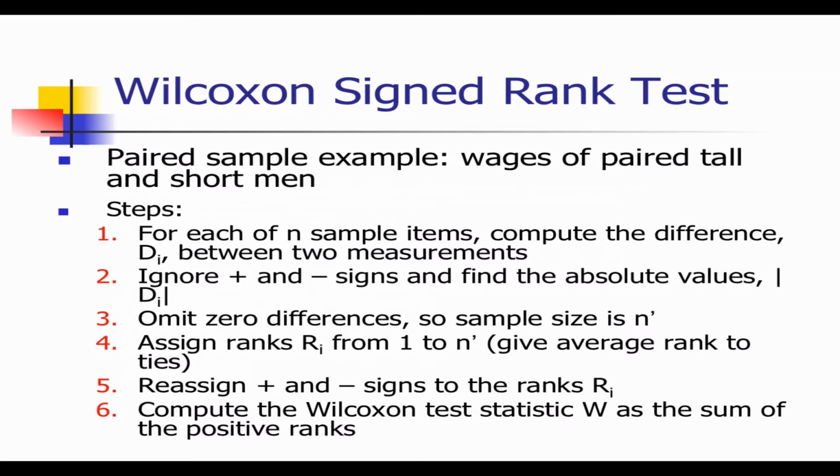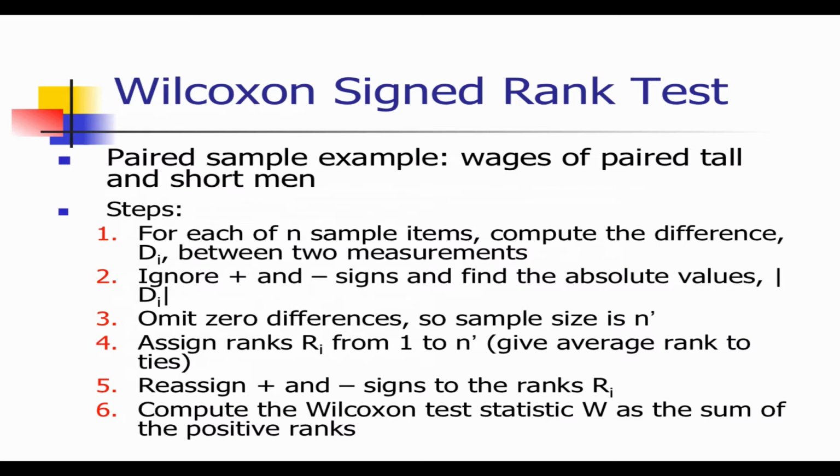And then, after we know what it's used for, the next thing that we need to know is how do you construct a test statistic? For the Wilcoxon signed rank test, a test statistic is constructed this way. Suppose we put that in an example where we have paired tall and short individuals, and we are interested in whether there is salary discrimination against short people.